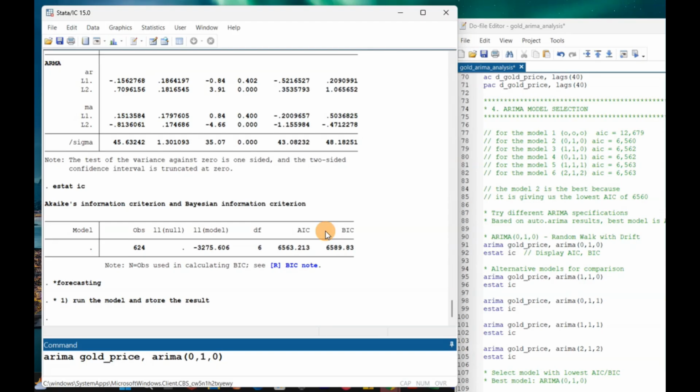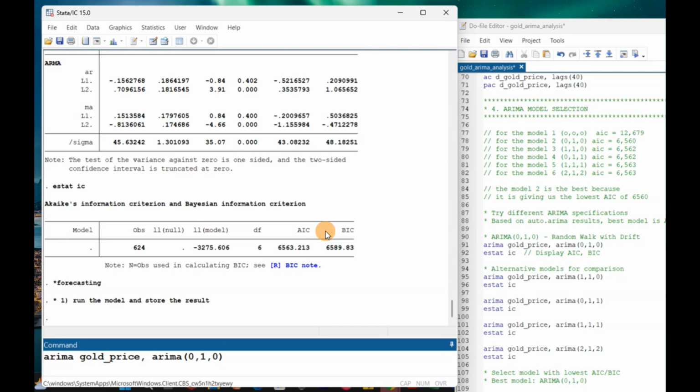We want to forecast the price of gold. We only have gold. We don't have other variables.